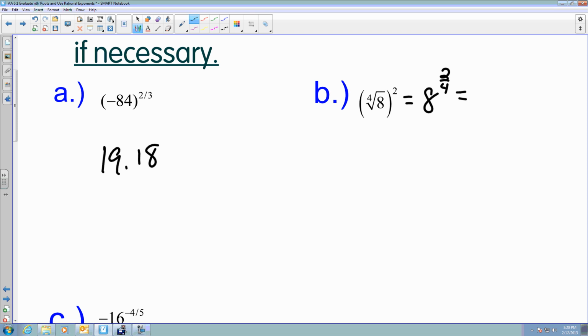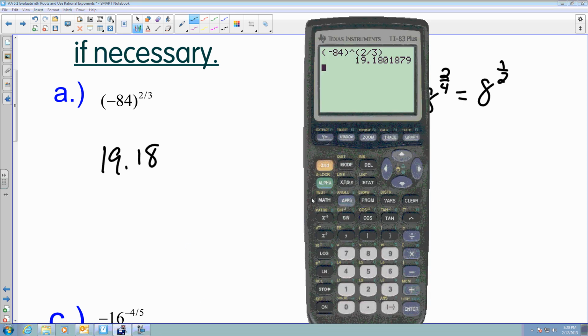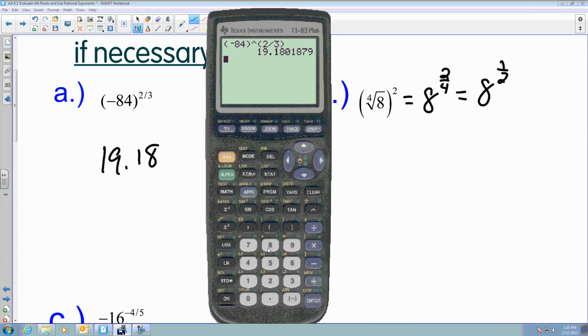But I can make that fraction lowest terms and say that it is 1/2. So if I take 8 to the 1/2 power, it's 2.83.